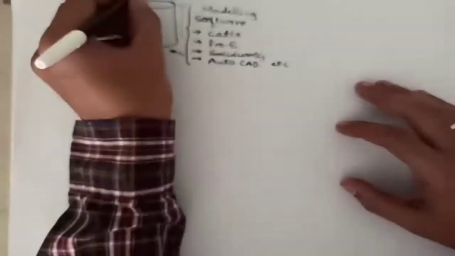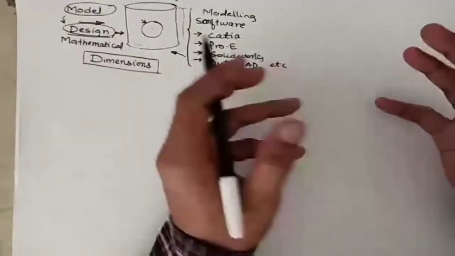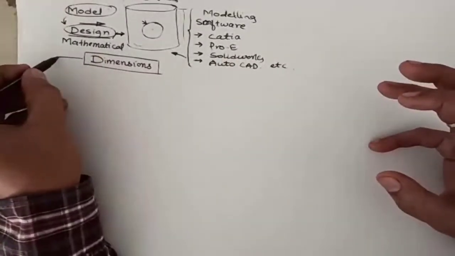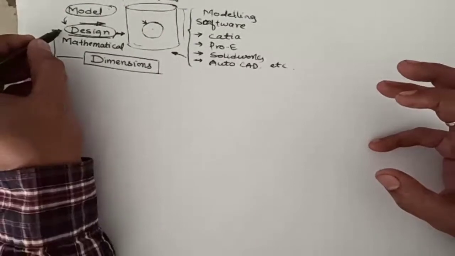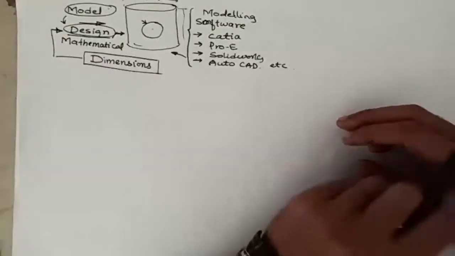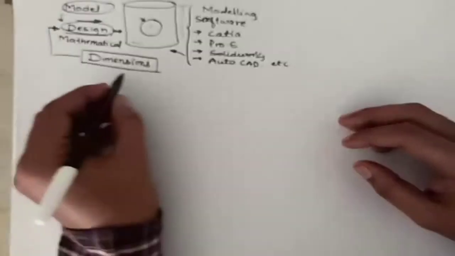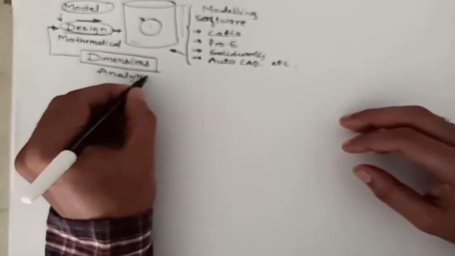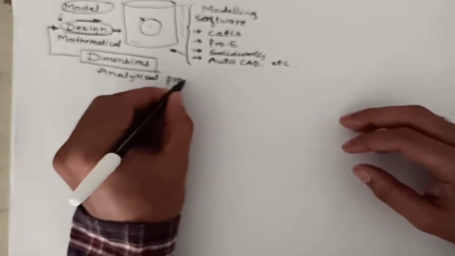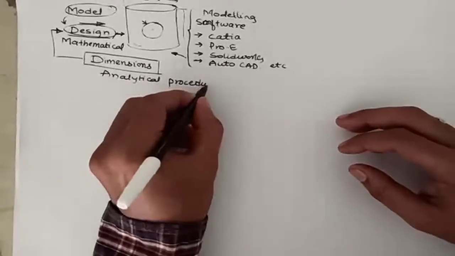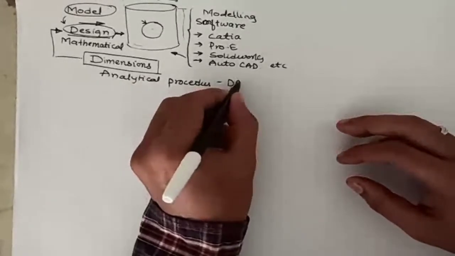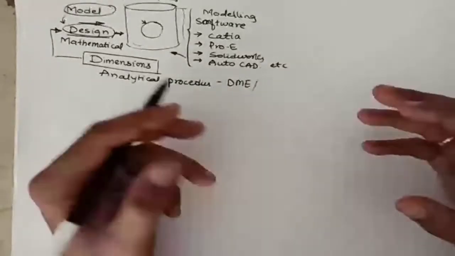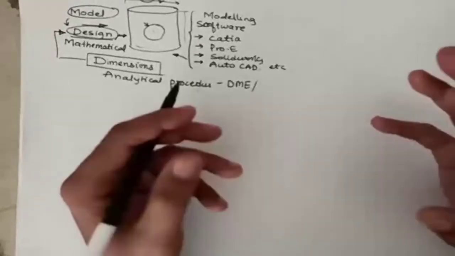You cannot directly take a dimension as 50 or 100 mm. It requires some basic fundamental calculations, which means the design calculation. So we follow the analytical procedure which you have studied in design of machine elements, where we have designed the piston, the connecting rod, and different mechanical elements.